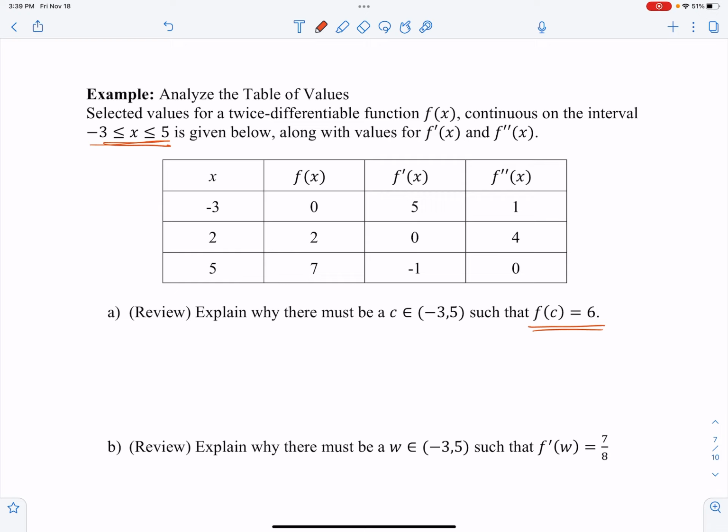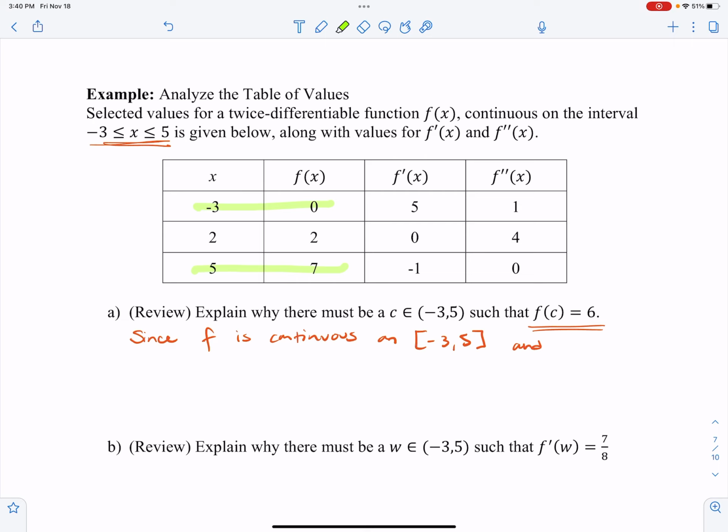And we need to state those preconditions for the intermediate value theorem to apply, which have been given to us. So we can say that since f is continuous on the closed interval from -3 to 5, that's a requirement, and when we look at the function value at the endpoints, the function value at -3 is 0, and the function value at 5 is 7, right?